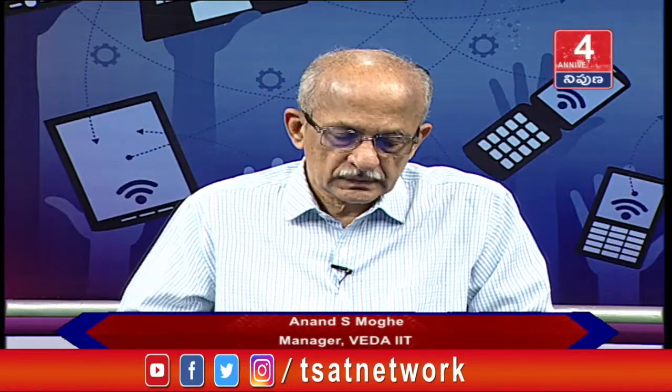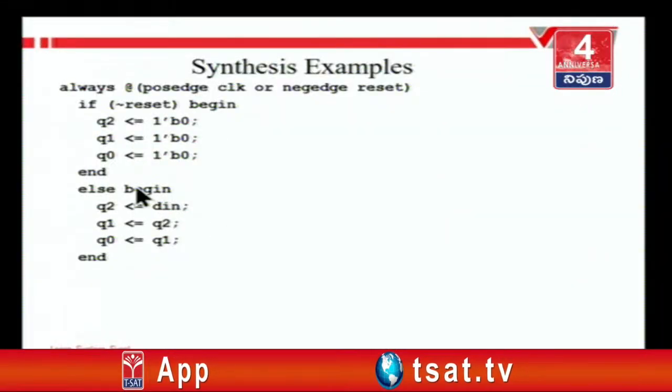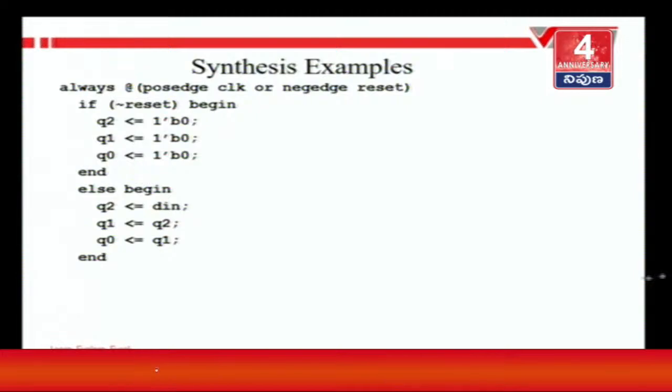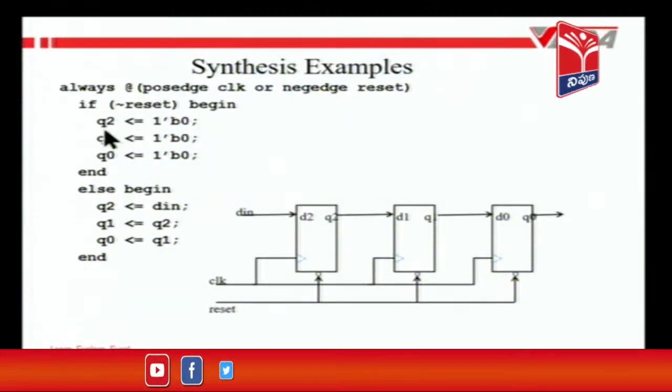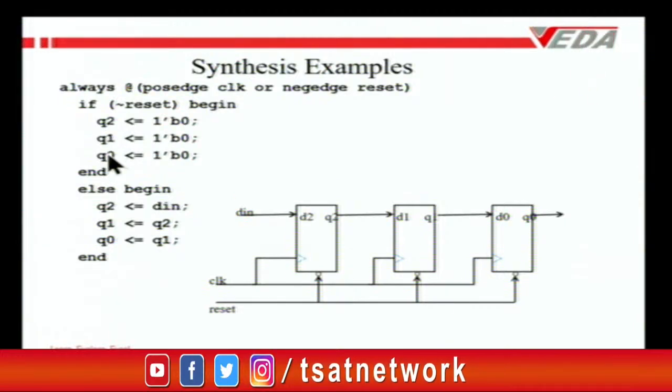Before going on the break, I had told you about the 3-bit shift register and how this can be modeled, and this was the particular slide. Now this could also have been written as a single statement without the begin and end, by just concatenating Q2, Q1 and Q0.